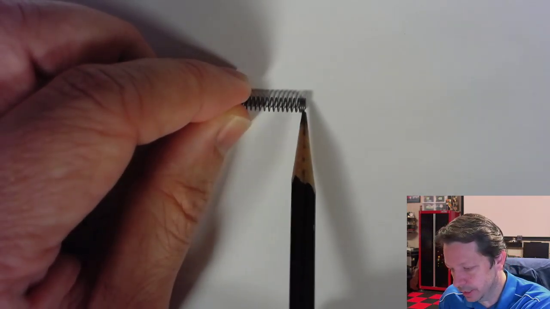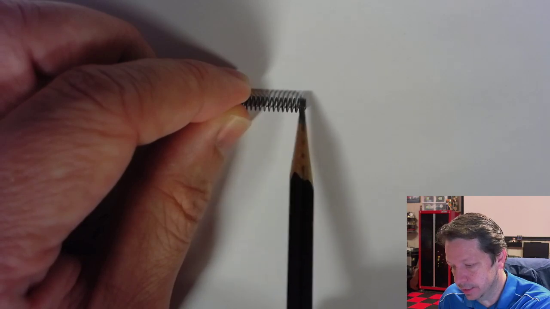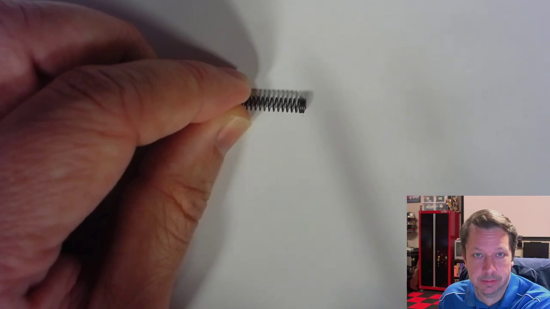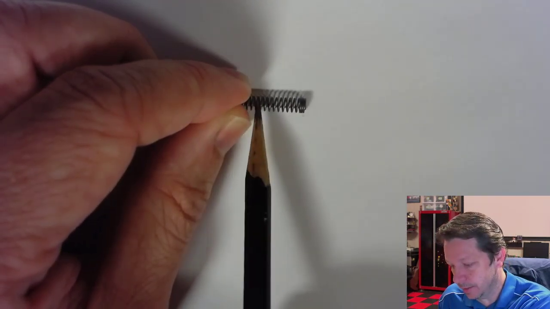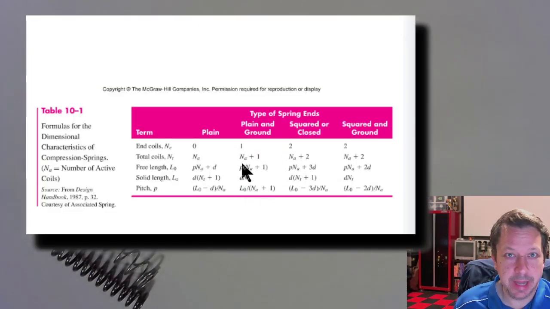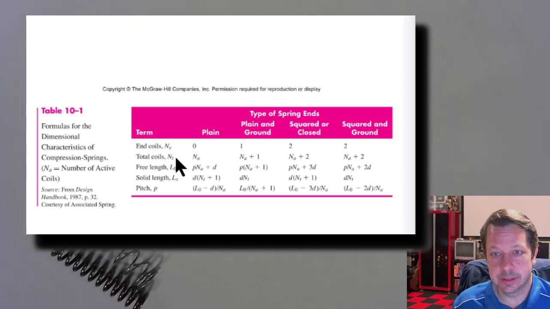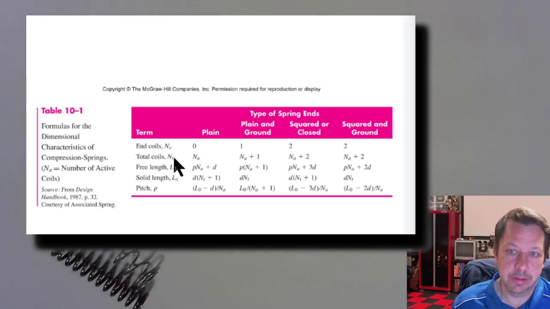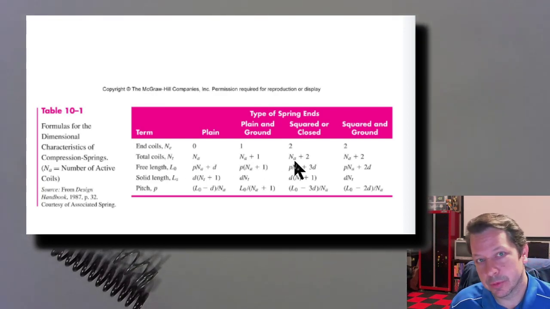They're not storing any energy. So these are called dead coils, and all of these that can actually compress and extend, those would be the active coils. That's what this chart is telling us: how to calculate the number of active coils given some other variable, in this case the total number of coils, or calculate the total number of coils given the number of active coils.